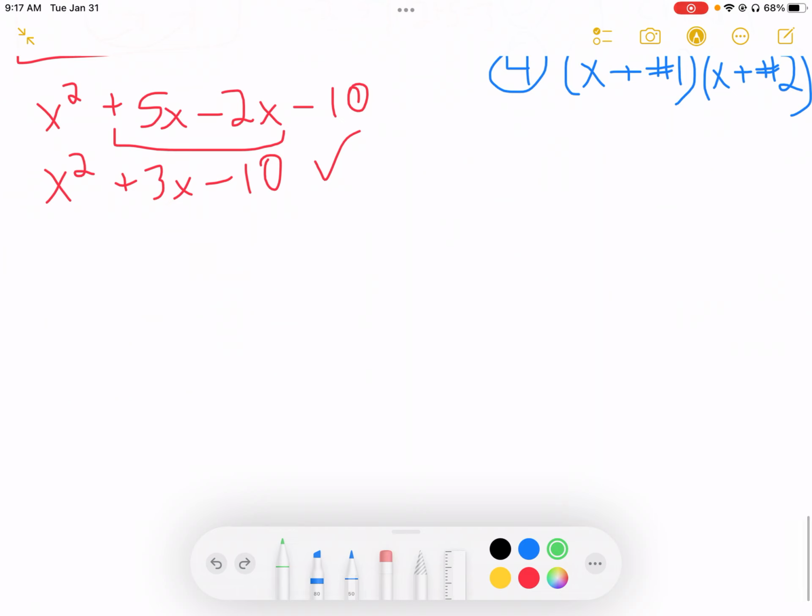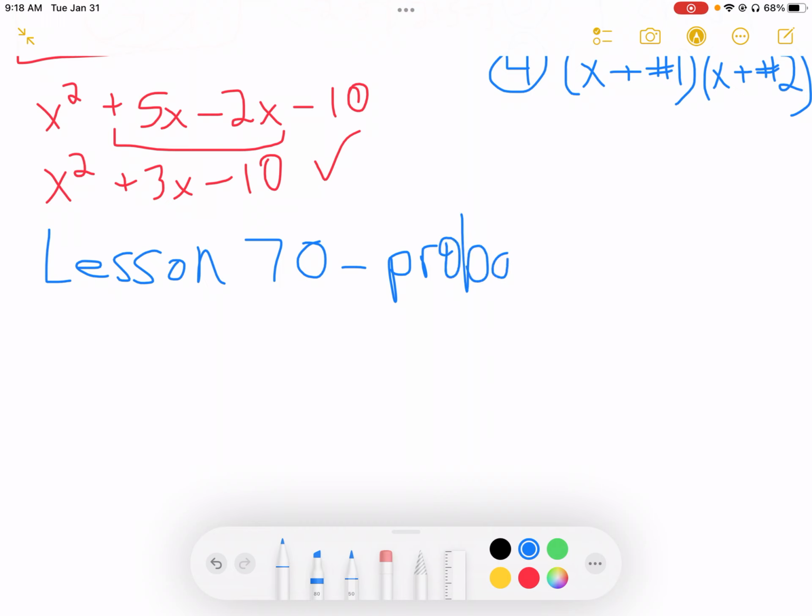Okay. Lesson 70. It's about probability. And I guess this covers all probability, but we're looking at back-to-back probability as well.